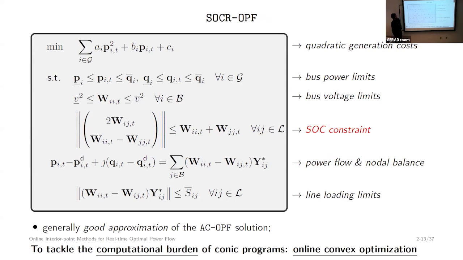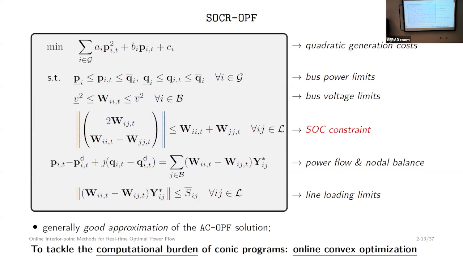So here I use, let's say, the canonical form of a SOC constraint, and I get the whole thing over here. Perfect. And then we lose the nice exactness result I had, but it is still generally a good approximation of the OPF. That said, this is again not lightweight enough for real time.